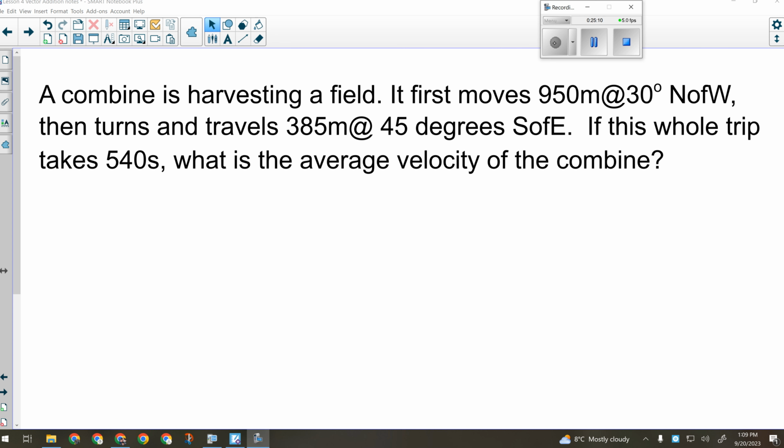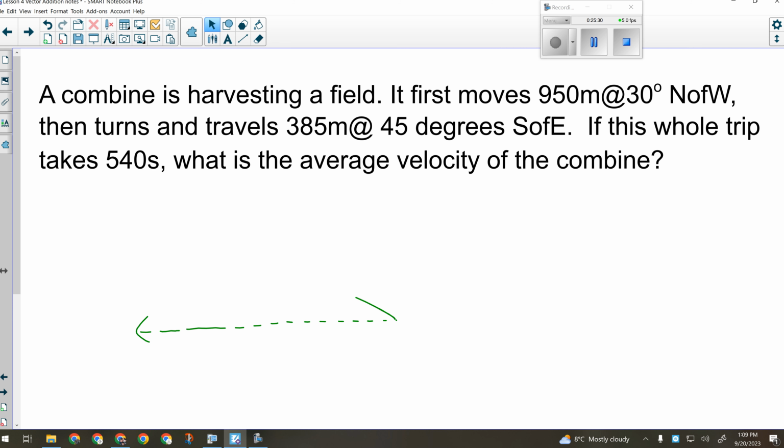Okay guys, I'm just going to get the diagram drawn up here so you can compare it to yours. Our first vector is 950 meters, 30 degrees north of west. That means my reference direction is west, and that is the longer of my two lines. I'm only going 30 degrees north of that.